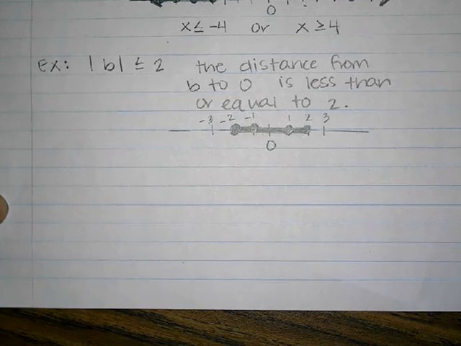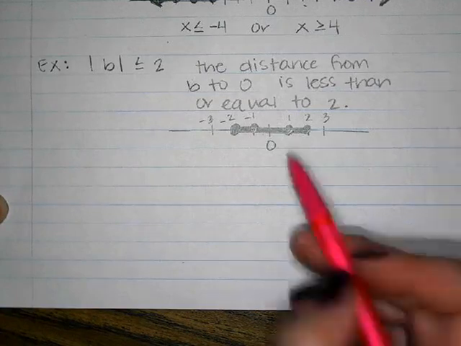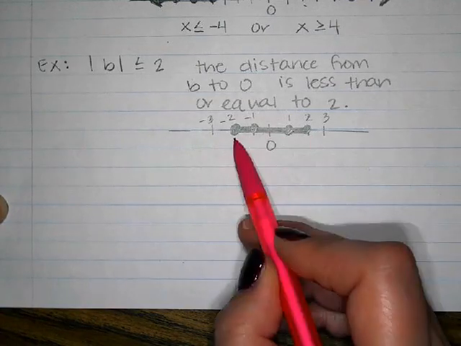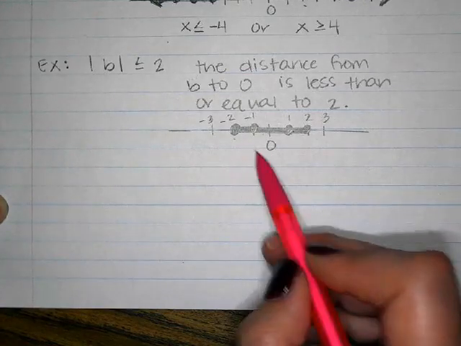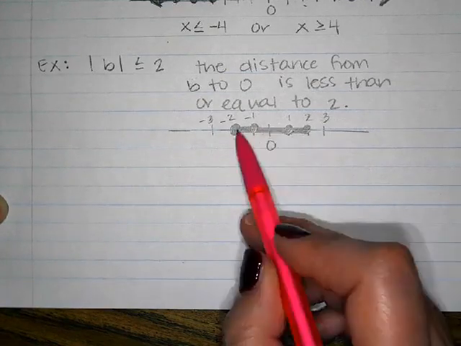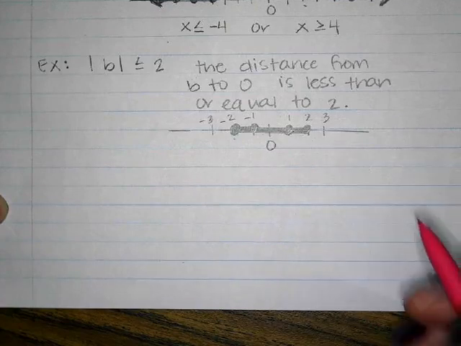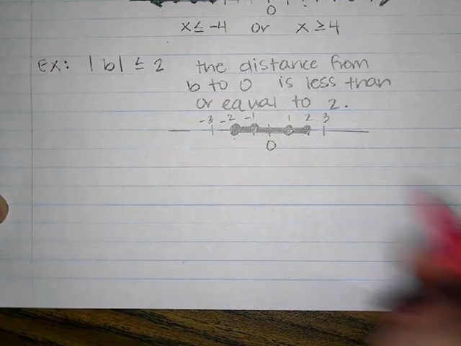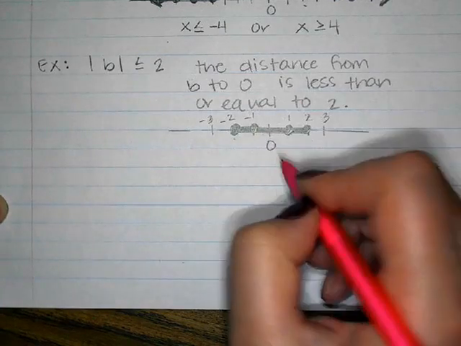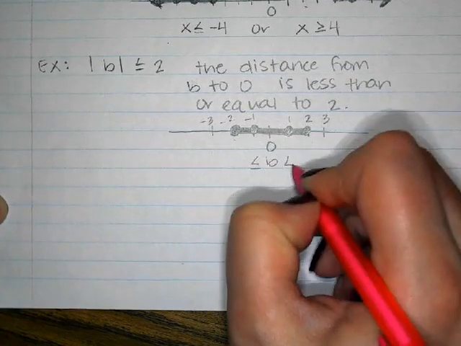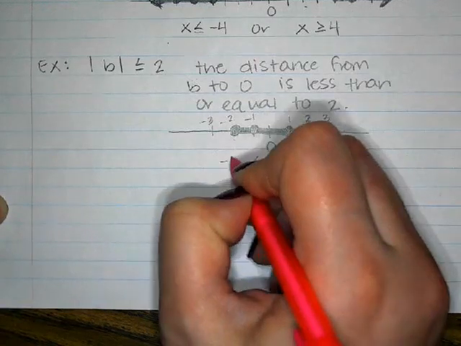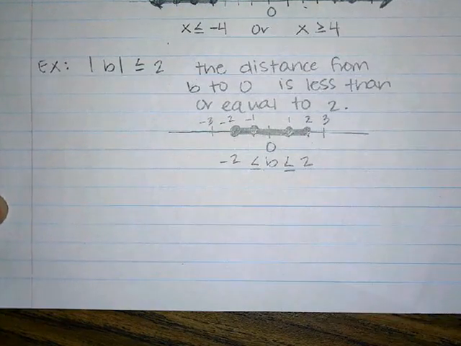Yeah, they have to be in between -2 and +2. Does that make sense? It's got to be sandwiched in between. So we're going to say that B is in between -2 and +2. That's how we write it.